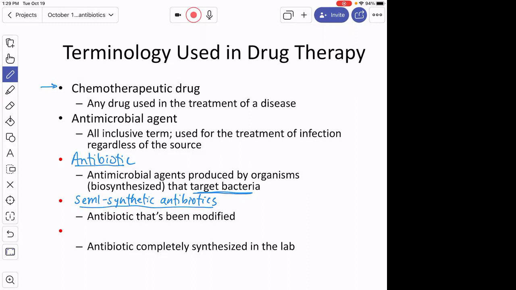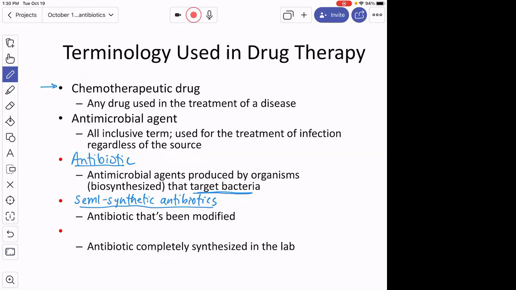And we can fiddle with it a little bit to give the antibiotic better properties, give it some kind of advantage, work better. So most of our antibiotics today are either fully biosynthesized or they're semi-synthetics.